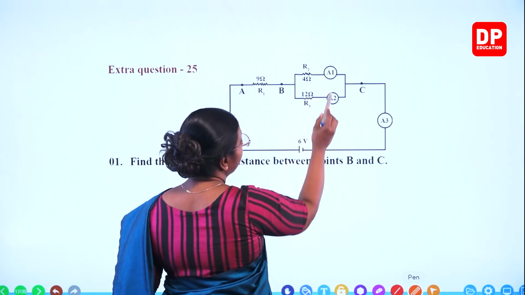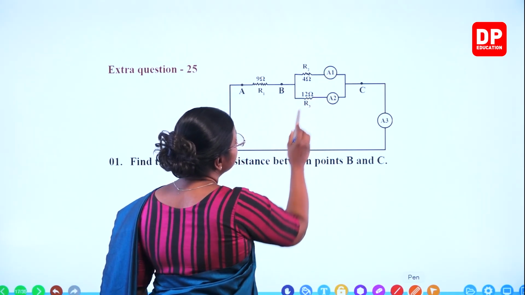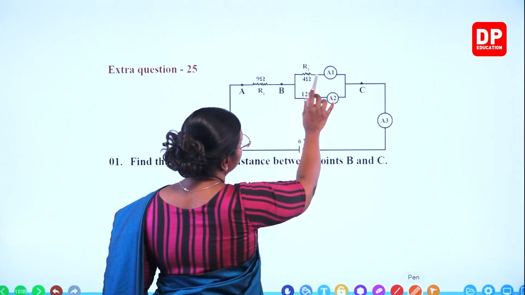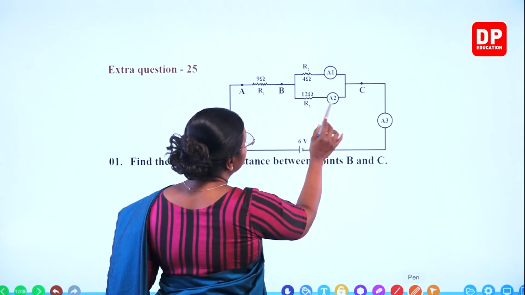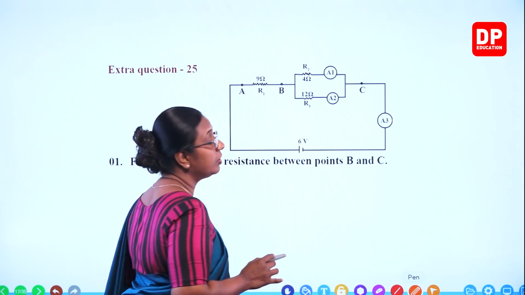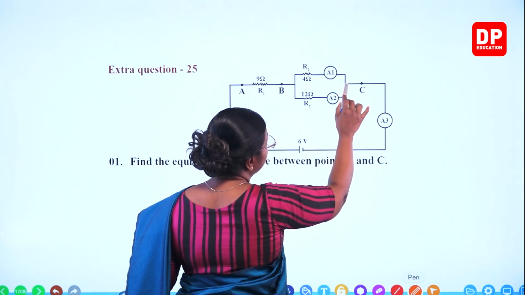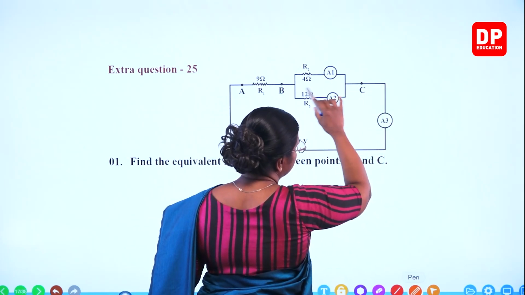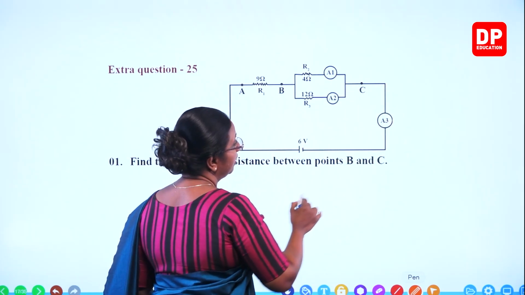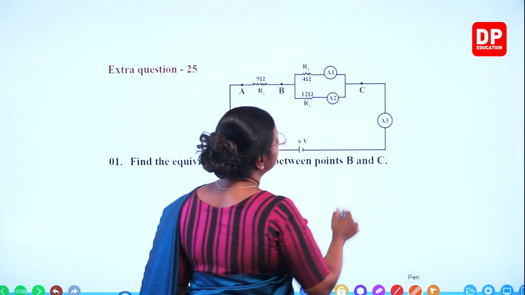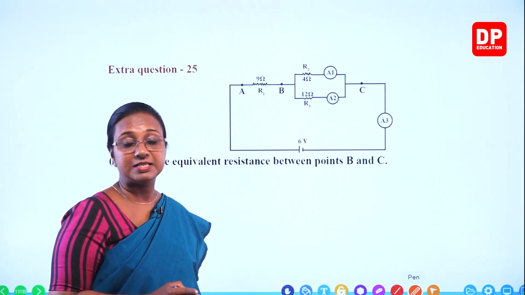Then you have A1 and A2 ammeters. A1 measures the current flow through R2 and A2 measures the current flow through R3. Then again the current will combine at this point, and through C the same current will flow, and that can be measured using A3 ammeter.